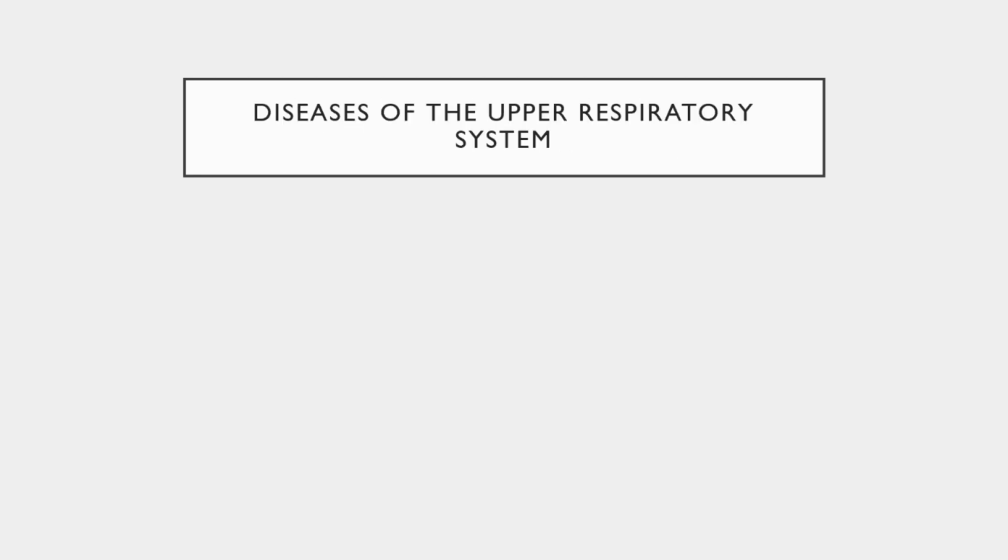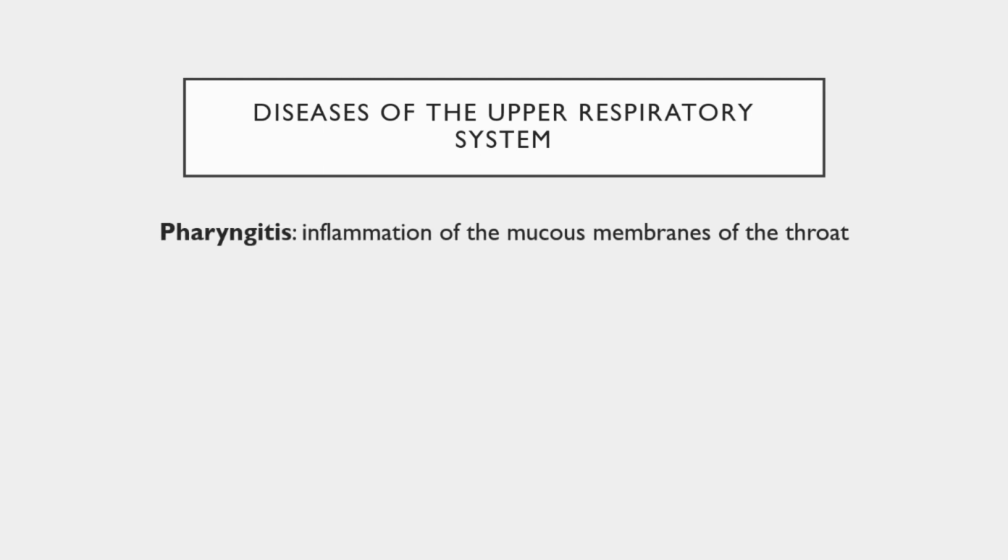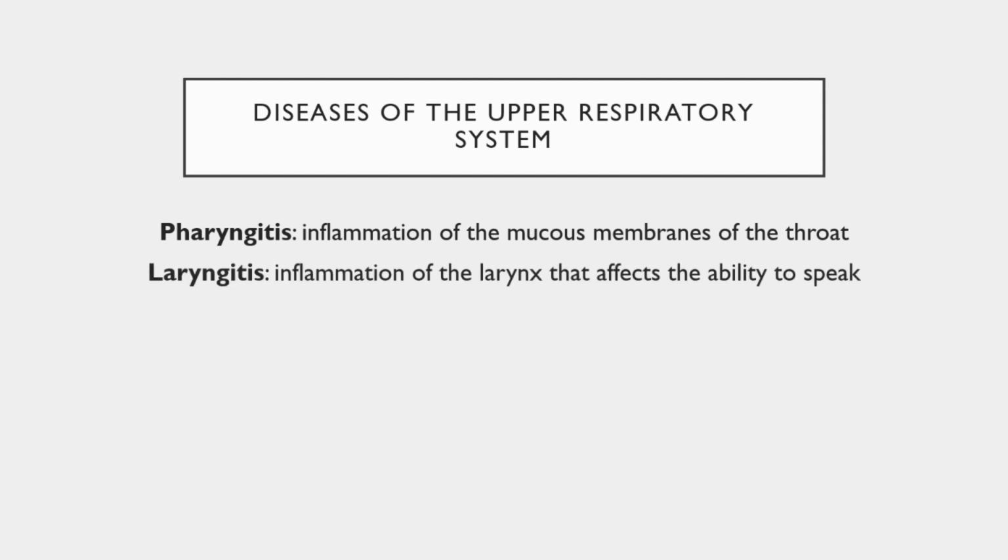When it comes to infections of the upper respiratory system, there are a few terms that you'll hear used that apply to the different structures of the upper respiratory system. Firstly, pharyngitis. Remember, the pharynx is the throat. So, pharyngitis is inflammation of the mucous membranes of the throat. Laryngitis, the larynx is your voice box.